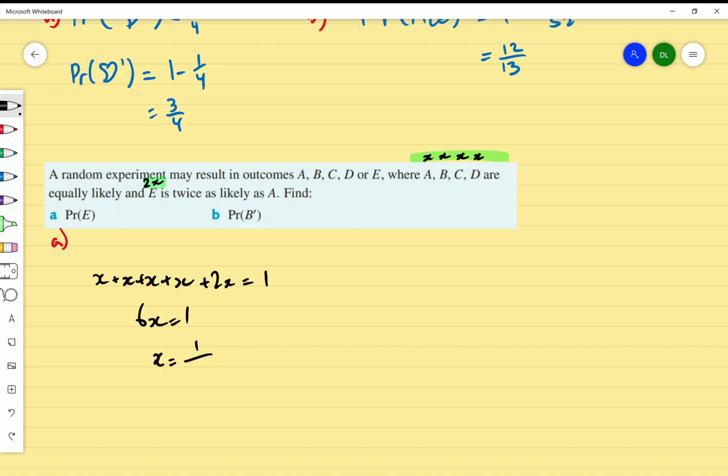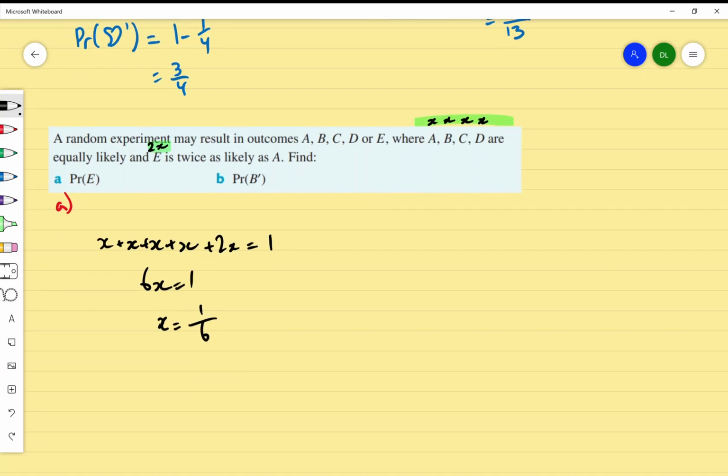And if x equals to 1 over 6, I know that the probability of any A, B, C, or D is 1 over 6. But given that we know the probability of E is 2 over 6, we know that equals to 1 over 3, or before simplification, 2 over 6, and therefore 1 over 3.